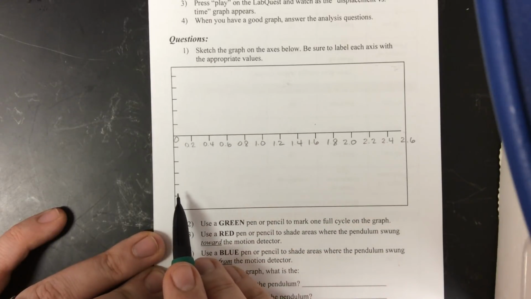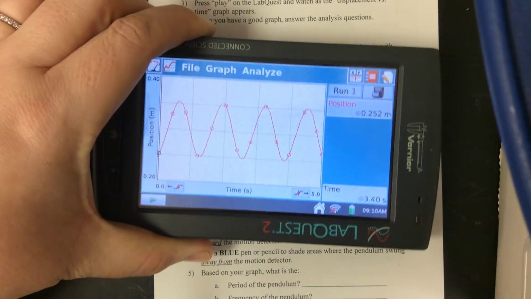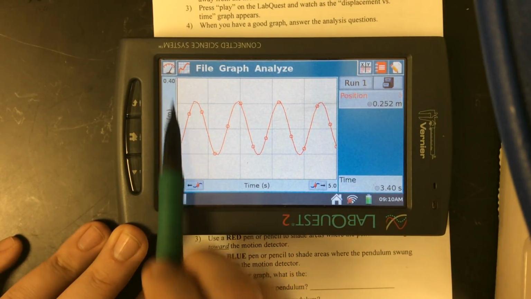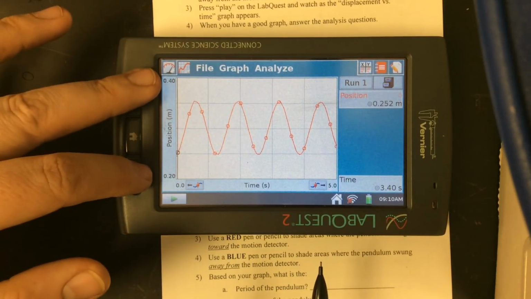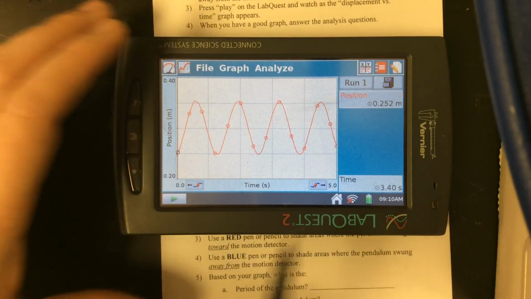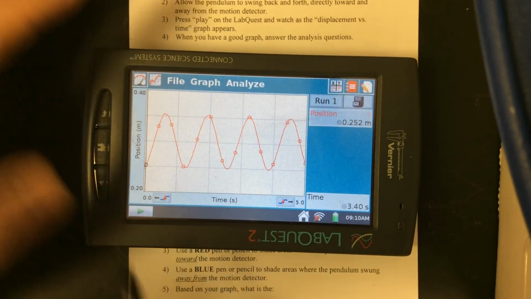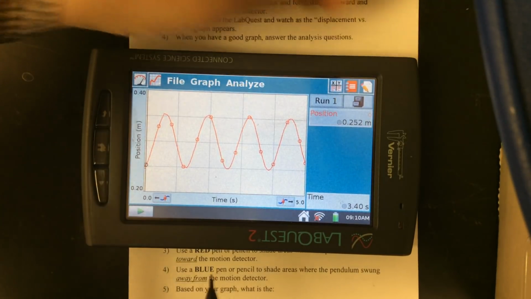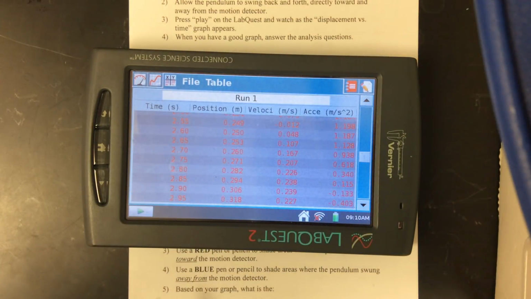Up and down here, you're going to have your position. That's going to be a little bit trickier. So we'll go back to our graph. We know it's going to be somewhere between 0.2 and 0.4. Now I could just use those two numbers, but I want to make mine a little bit more specific. So I'm going to come up here and I'm going to look at this little XY guy. That's my data chart. Okay.